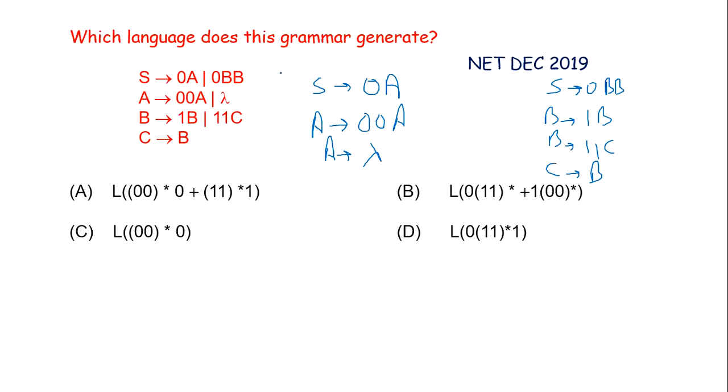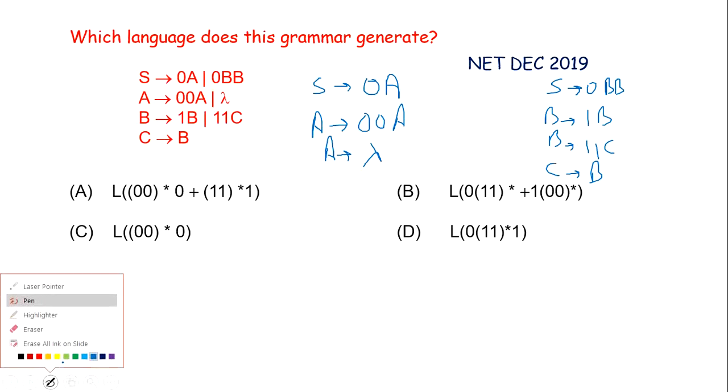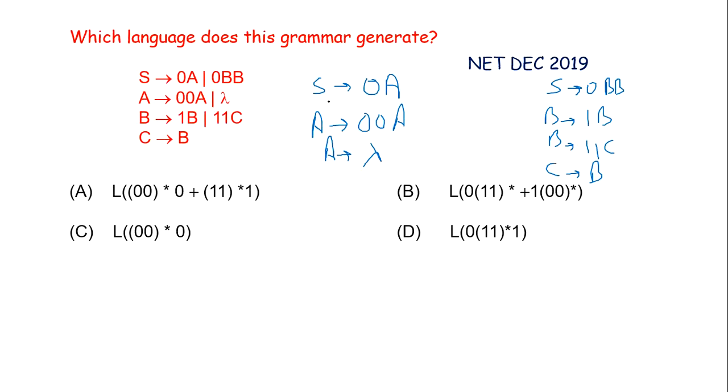Okay, let us consider productions involving A first. Now here it says S gives 0A. So 0 will always be there in our language. Next we have A. Now we can replace this A with either 00A or lambda, right?